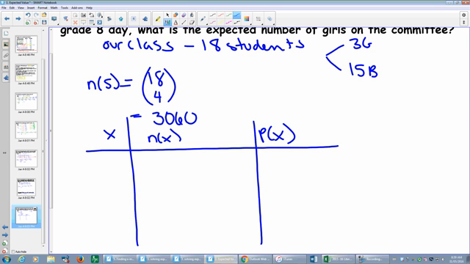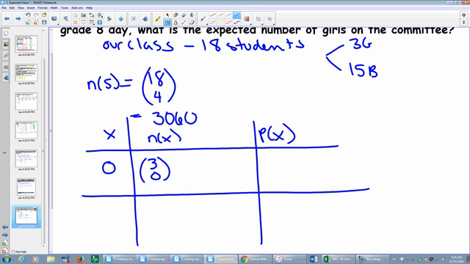If I have 0 girls, that is one possible option here. Powell, how many ways can I choose 0 girls? What would I write? Very good. And that gives me a value of what?